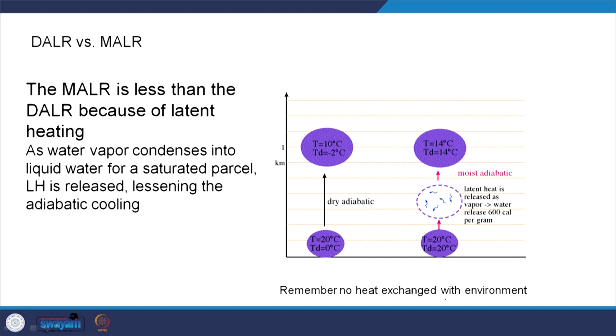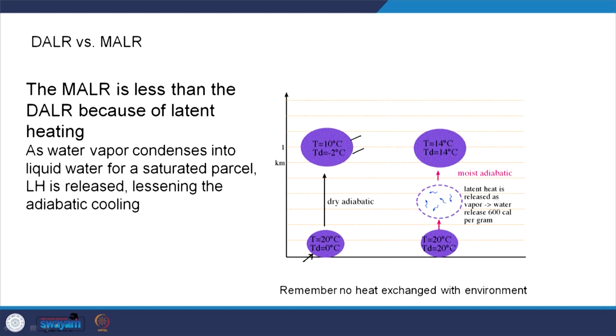So, this example also shows the temperature here is 20 degrees Celsius. The dew point temperature for this type of atmosphere is 0 degrees Celsius. So, when it rises by 1 kilometer, the temperature becomes 10 degrees Celsius because of the 10 degrees Celsius decrease, and the dew point is minus 2 degrees Celsius. Okay.